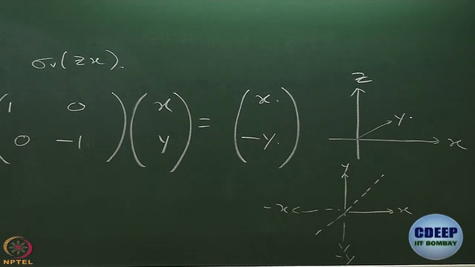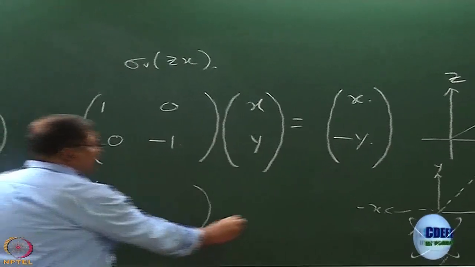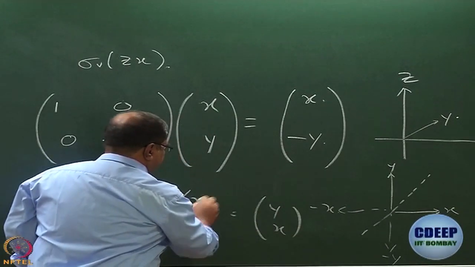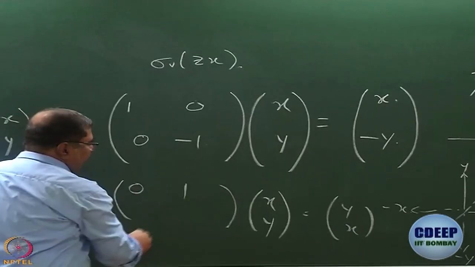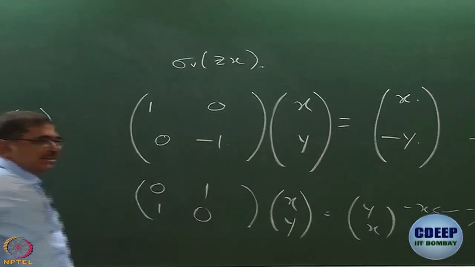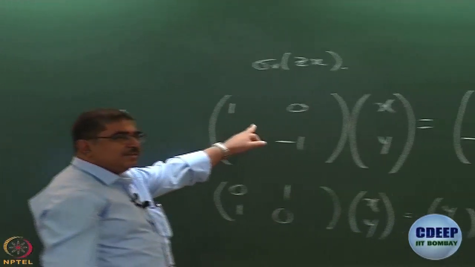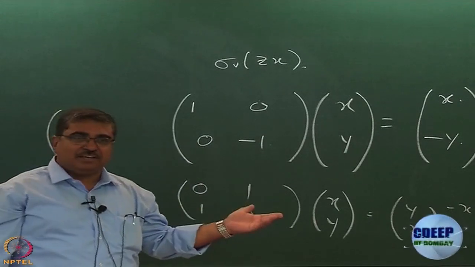X will become y, and what will y become? Of course, y will become x. In that case, what is the matrix? If this becomes something like this, yx, what is the matrix then? 0 1, 1 0, what is the character? 0. What is the character here? Still 0, right. So, that is the meaning of this 0 here.